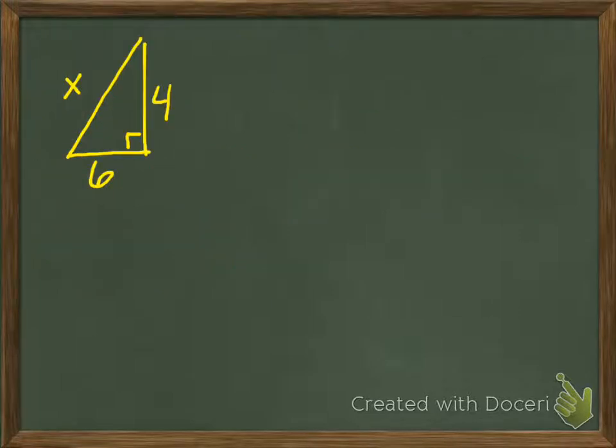Alright, so this one's asking you to solve using the Pythagorean theorem. We know the Pythagorean theorem is a squared plus b squared equals c squared.